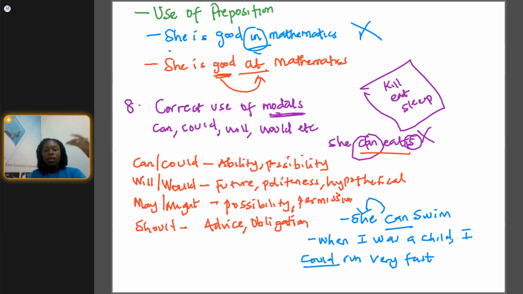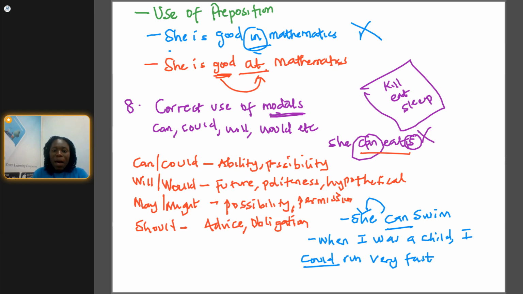That means that when I was a child is not referring to my present, it's referring to my past. So this sentence implies that, as I am grown now, I can't run as fast as I used to when I was a child.